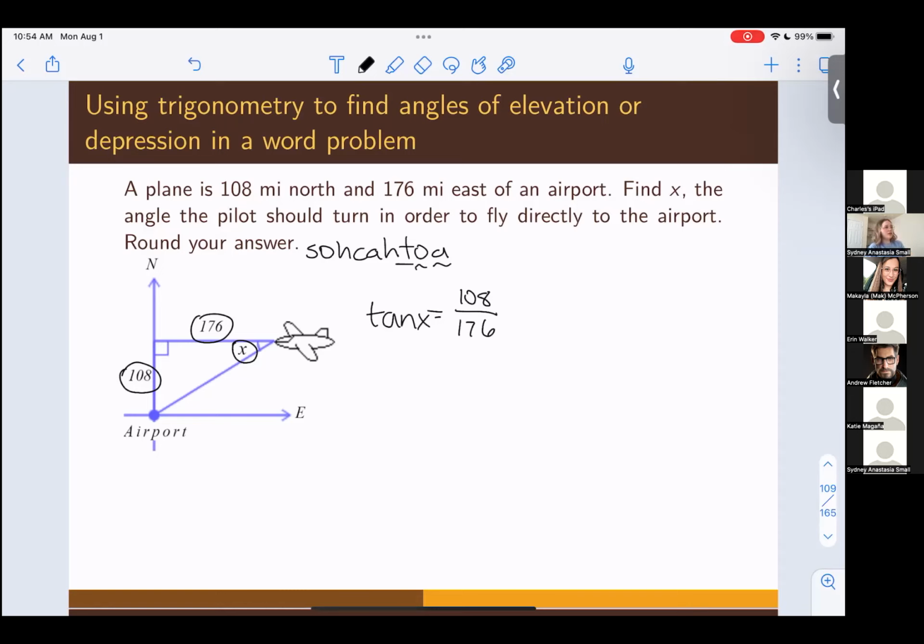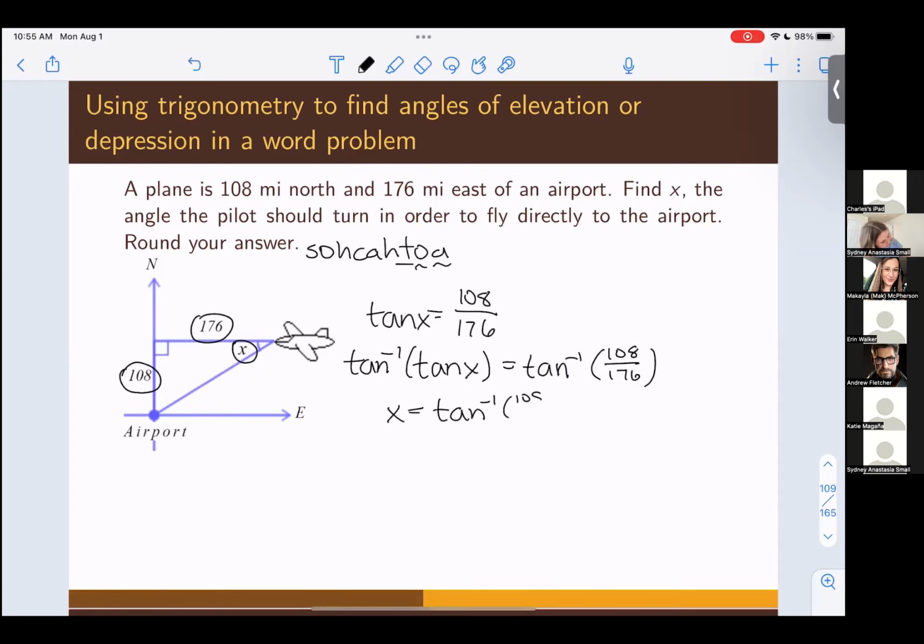Taking the tangent inverse of both sides, trying to unwrap this, we get that the tangent inverse of the tangent of x is equal to the inverse tangent of 108 over 176. Inverse tangent undoes tangent, so we're just left with x is equal to inverse tangent of 108 over 176.